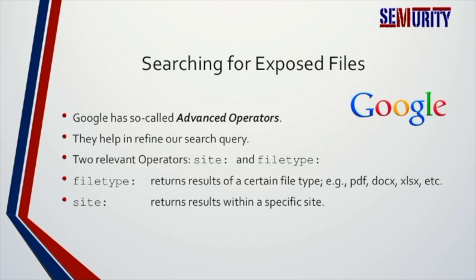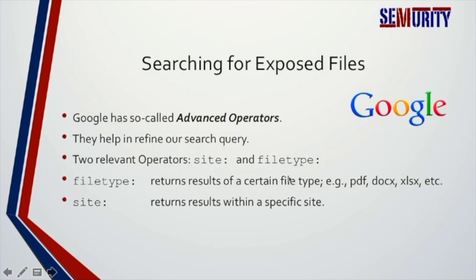So instead of Google giving you results from all over the globe, from websites that are available on the internet, now Google is going to retrieve pages and files from one single website only, and that website is the one you specify with the advanced operator site. We're gonna look at an example after this, of how you can use this operator.